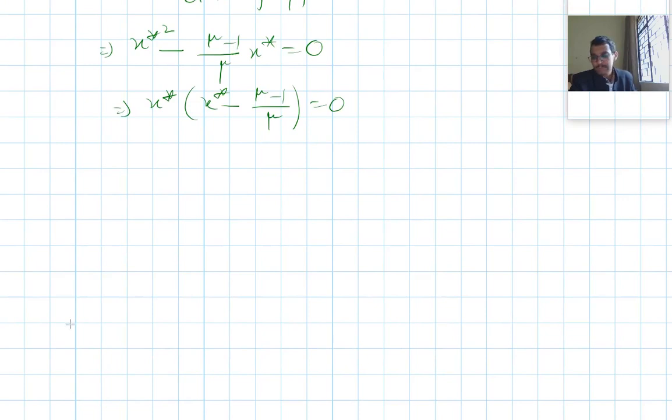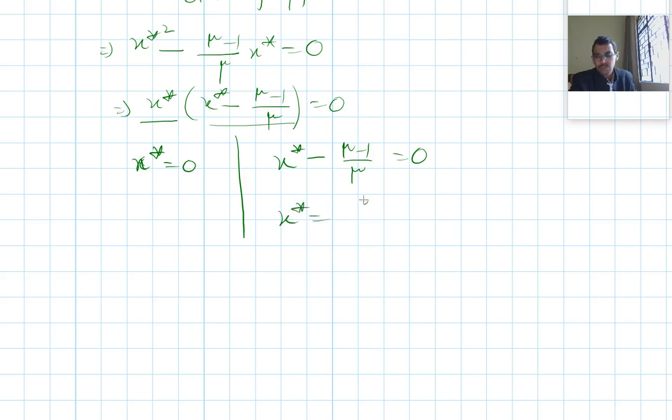If it is 0, that means either the first factor will be 0 or the second factor will be 0. That is, x* = 0, or x* - (mu - 1)/mu = 0. From here we get x* = (mu - 1)/mu. So these are the two possible values.